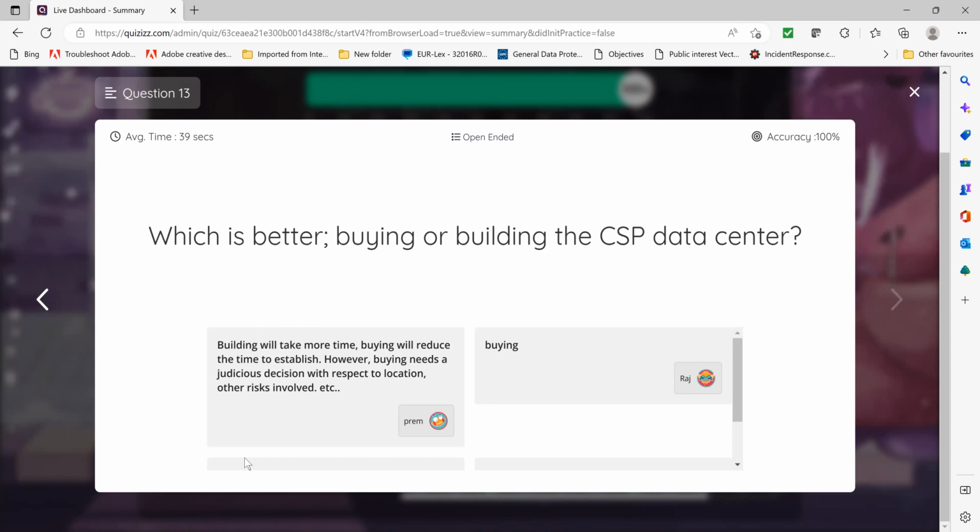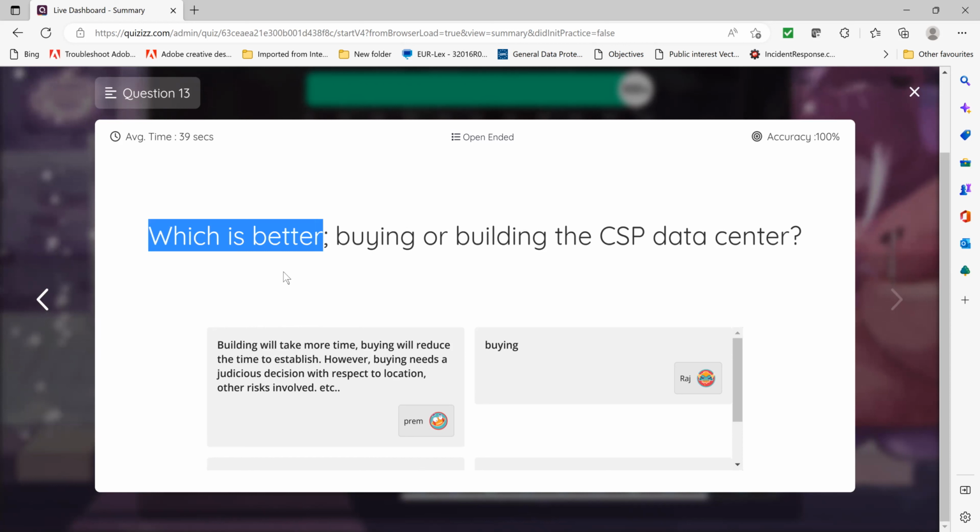Then again here, I want to highlight a very important point, gentlemen. When I'm teaching you this course, my target is not only passing the exam. If you just want to pass the exam, nothing less, nothing more, this will be a different training course.